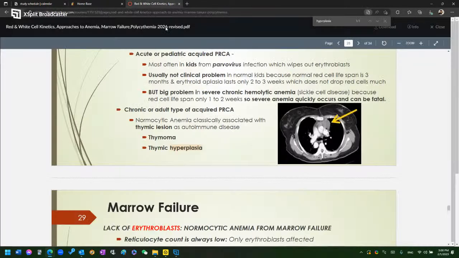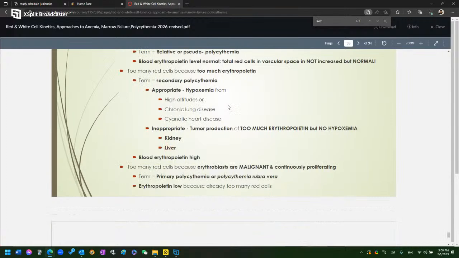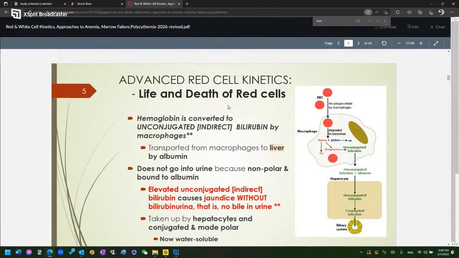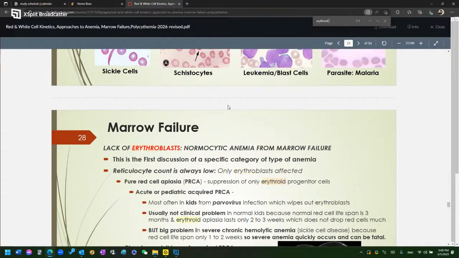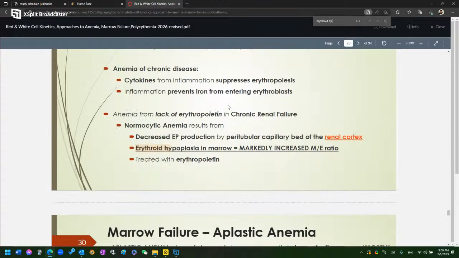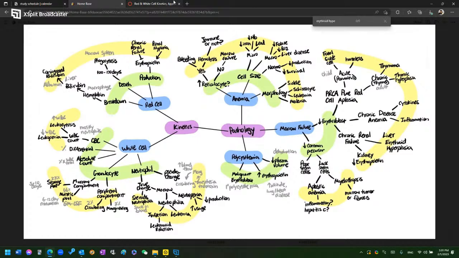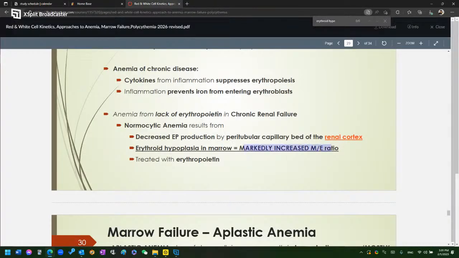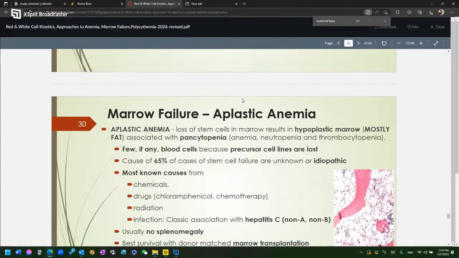We wanted to look at liver erythroid. Hypoplasia. I wrote hyperplasia. That's not right. Okay. Why did I say liver?